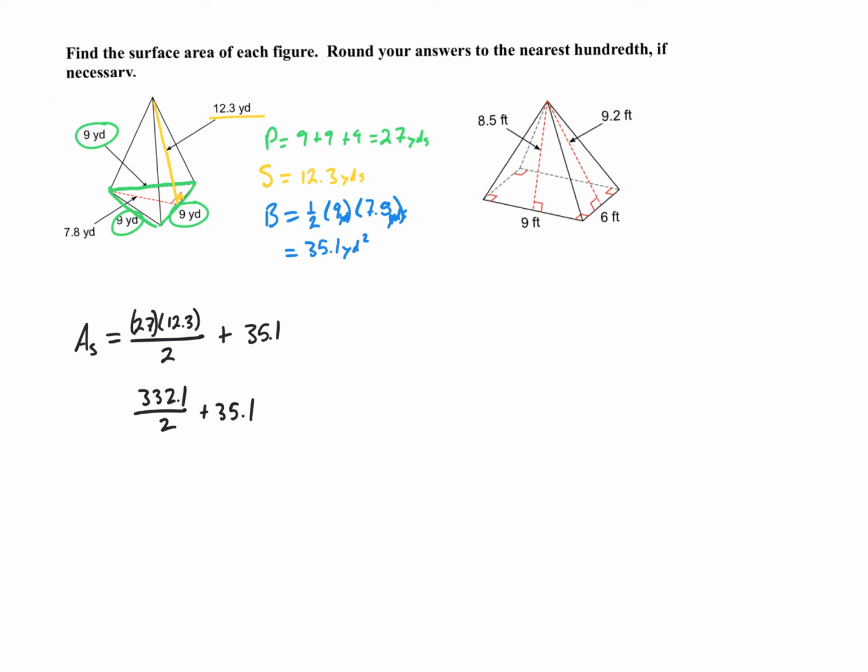So divide that answer by 2, and it gives me 166.05 plus 35.1. Maybe it might be easier if I write down here 35.1. That's 201.15. It says round to the nearest hundredth, which is 2 decimal places. And since this is talking about area, it's going to be yards squared.